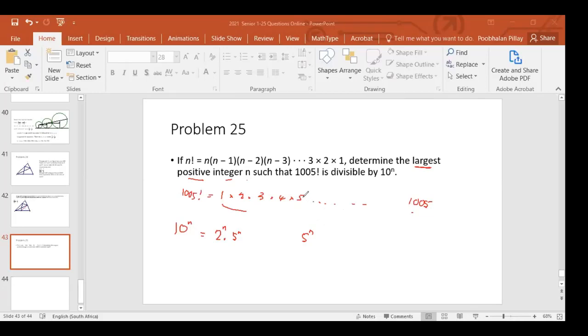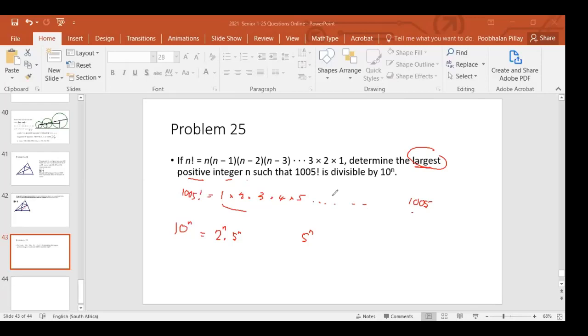Well, you can say 5 itself goes exactly into this, 1005 goes into this. But what is the largest possible n? The question is the largest. If I pull out all the 5s, how many 5s have I got? That is the question.